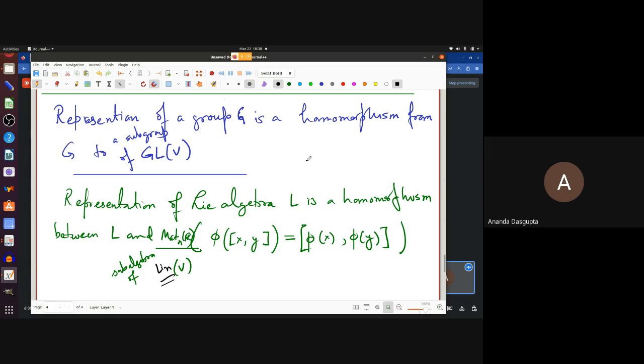Now, if you just have a group, you could manufacture a vector space for the group, which is the group algebra, right? And therefore, you always could land up with one representation no matter what the group was, which is, apart from the trivial ones, etc., the regular representation. The one that will make the group act on itself.